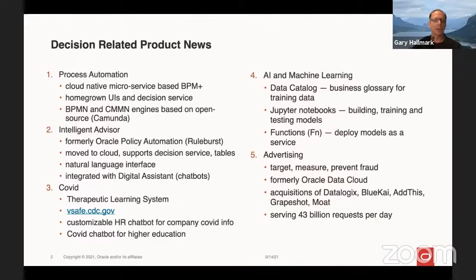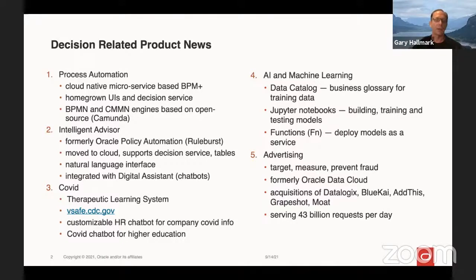Everybody has a COVID story. So we've got a couple of systems, a couple of apps. One, the therapeutic learning system, which is for practitioners to collect data on what's working and what's not. The vSafe is for recipients of vaccines to report rare adverse side effects.